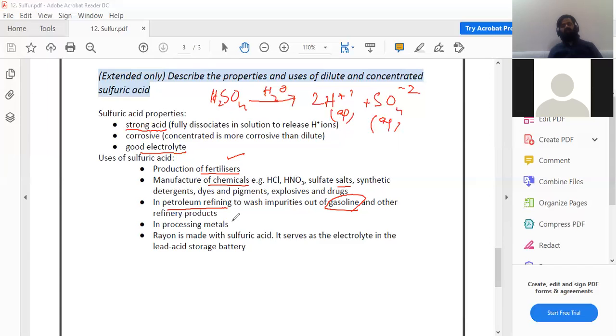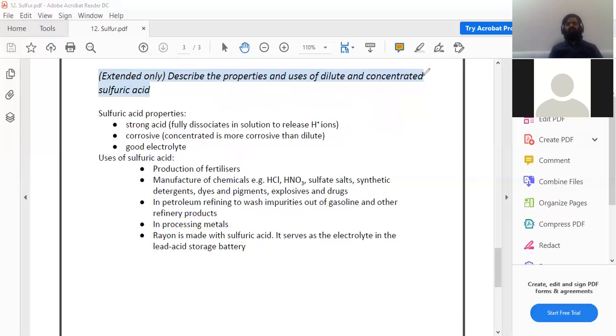And when they are going to process the metals to make them pure, they also use this. And rayon is also made with the help of sulfuric acid, where it acts as the electrolyte, and it is also used in car batteries. So we may say sulfuric acid has a lot of important uses. Commercially, these uses are very important.